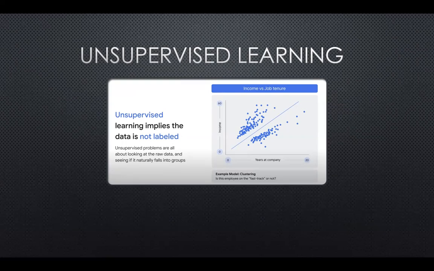Their income is much, much higher, and they are on fast track. So the human eyeball, we can eyeball this and find out that there are patterns. But the challenge here is to use a computer program, some machine learning approach to do that.